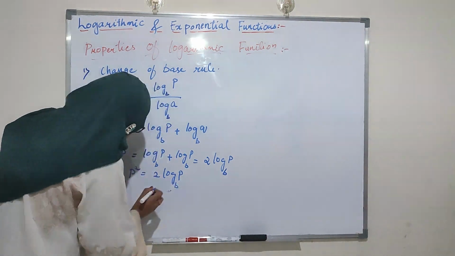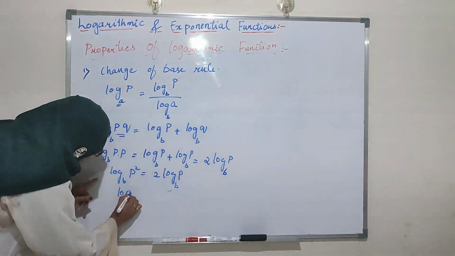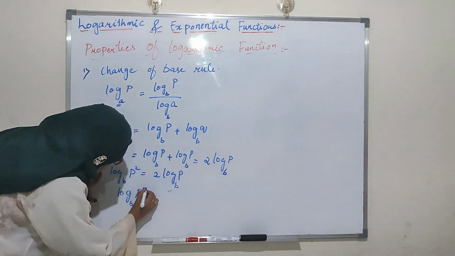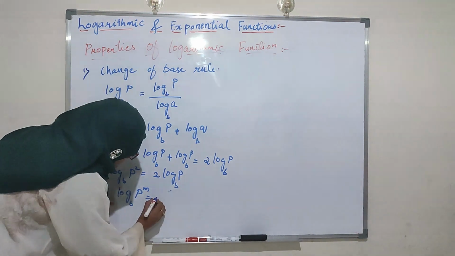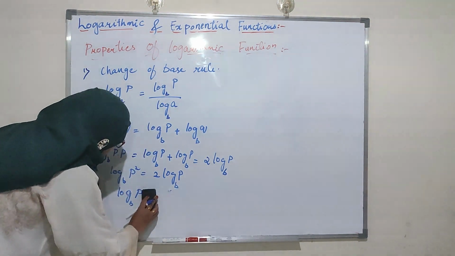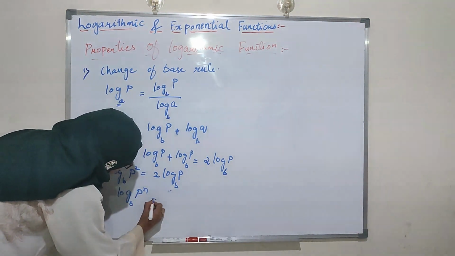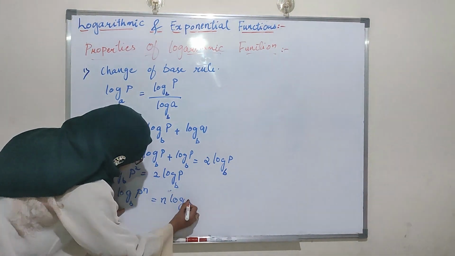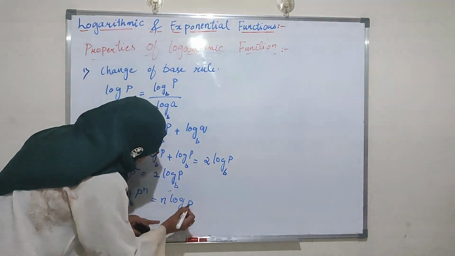That means in general we can write this property as log of p to the power n to the base b is equal to n log p.